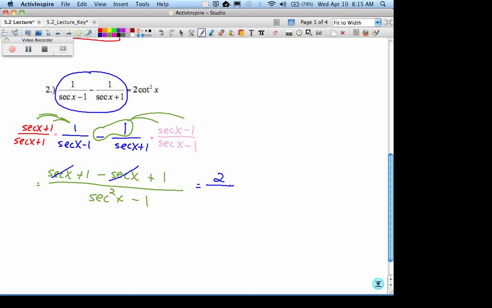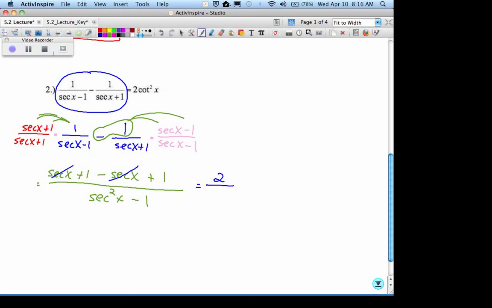But isn't that... There's a secant squared on the bottom. Look at that second identity. It goes 1 plus tangent squared is equal to secant squared. What happens if I take that 1 to the other side? It now reads secant squared minus 1.